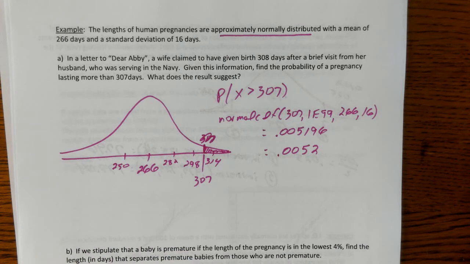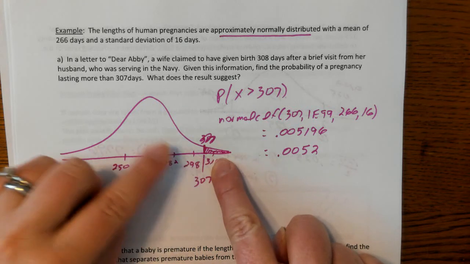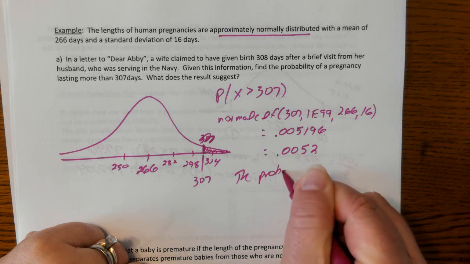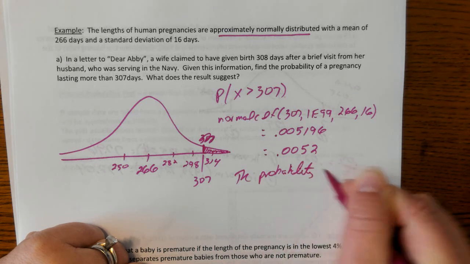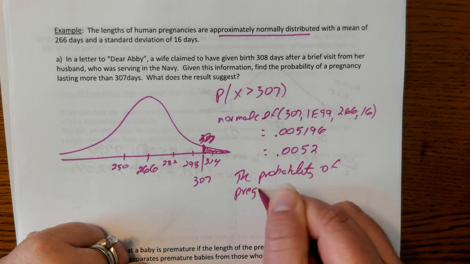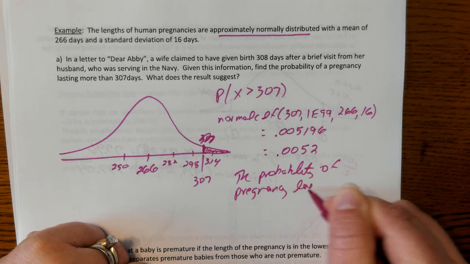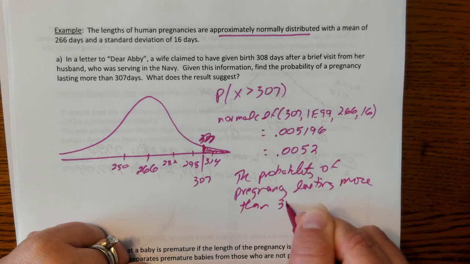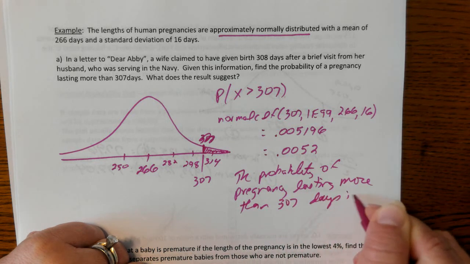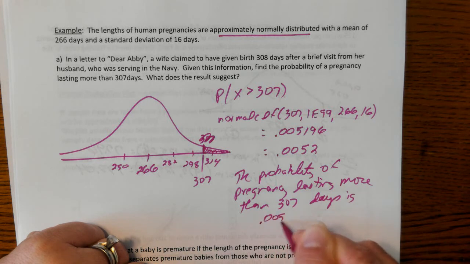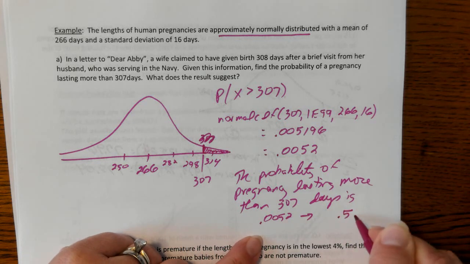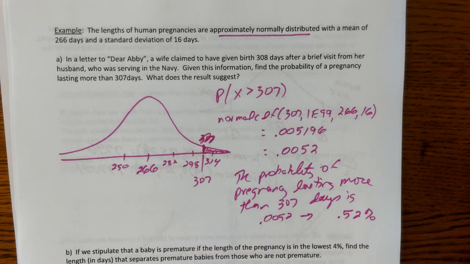That means that the probability of a woman's pregnancy lasting more than 307 days, because she gave birth on day 308, is 0.0052. Or as a percent, move the decimal twice, 0.52%. That's less than 1%.